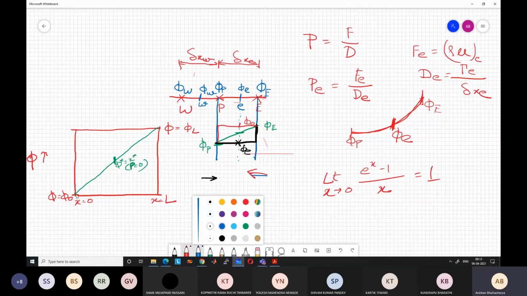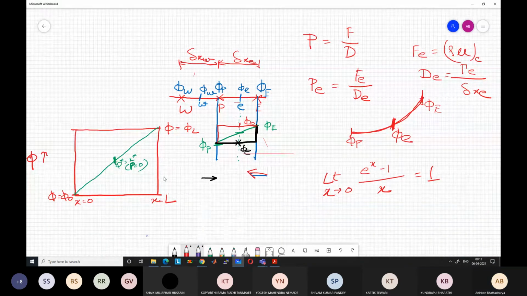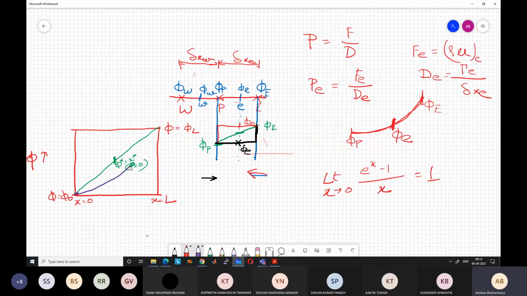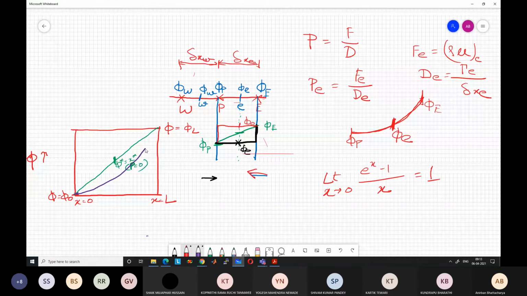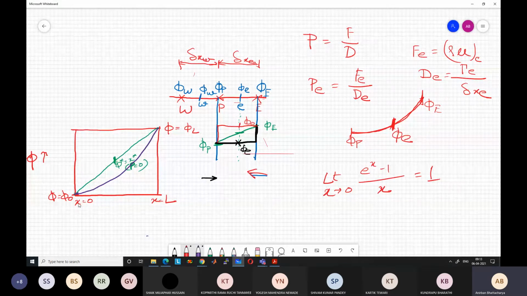Slope is positive initially. So all this green line also had initially positive slope. Something like this: slope is positive and it is increasing. So the slope of this line is positive.